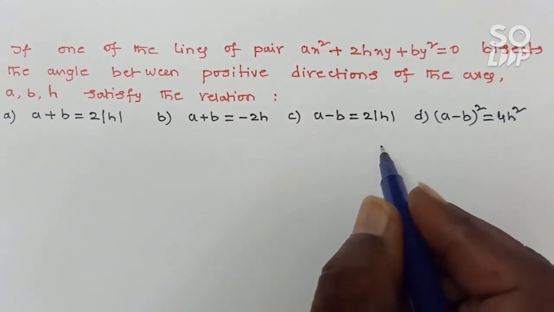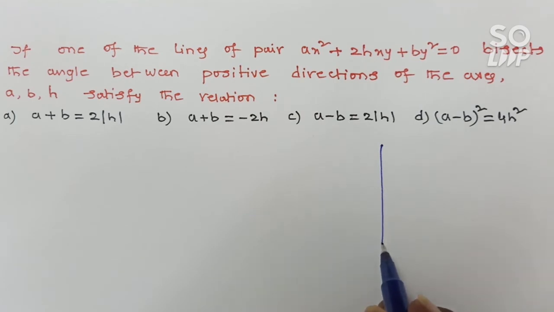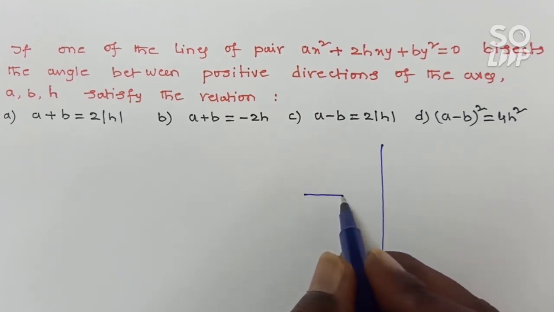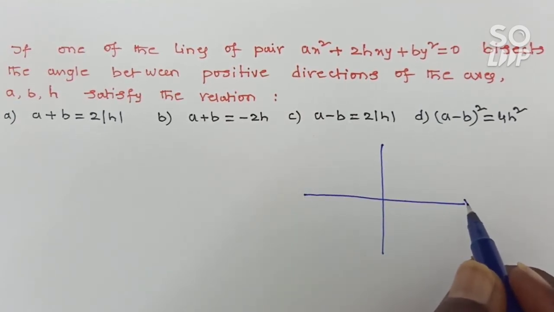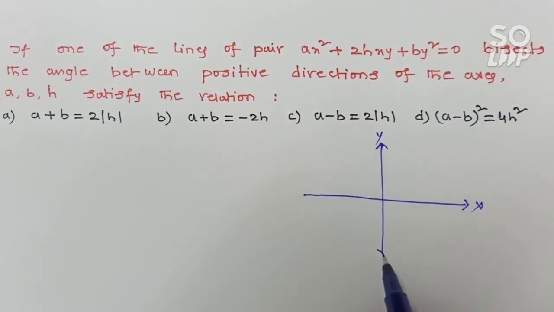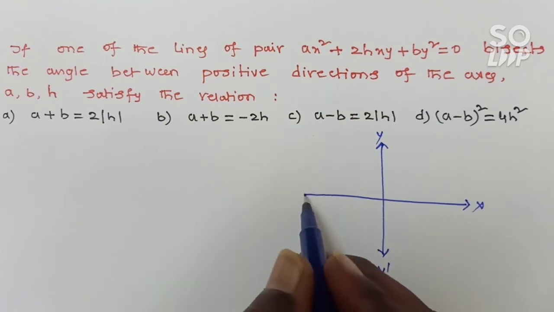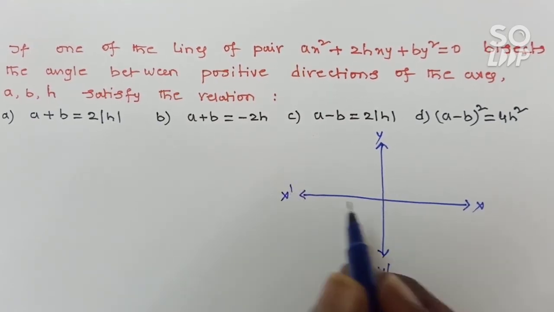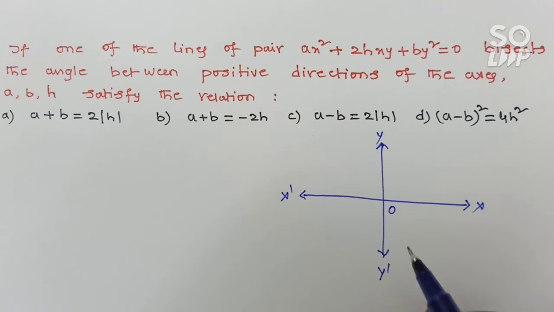We know what the bisectors of the coordinate axes are. This is the x-axis, this is the y-axis, this is y dash, this is x dash, this is the origin.